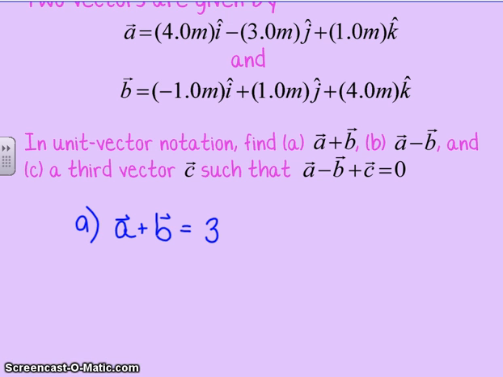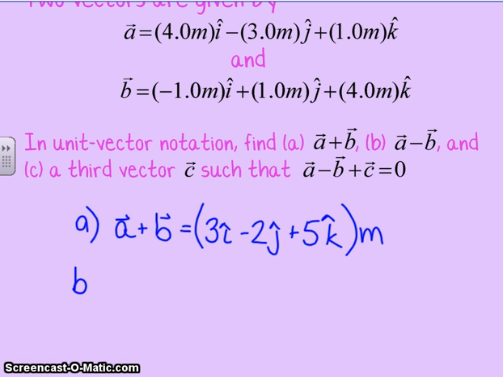I'm going to put the units at the end, that's why I didn't write meters yet. In the y direction, we have negative 3 plus 1, so negative 2 j hat. And in the z direction, we have 1 plus 4, so 5 k hat. I put parentheses around the whole thing and I put the meters at the end. It's a lot less writing that way, so I tend to default to that method.